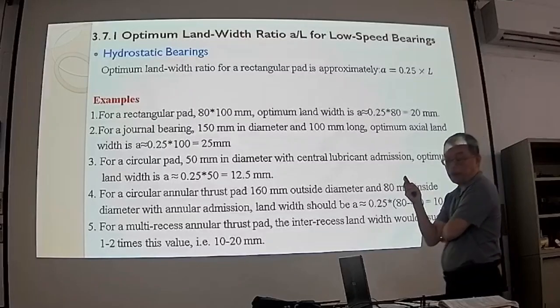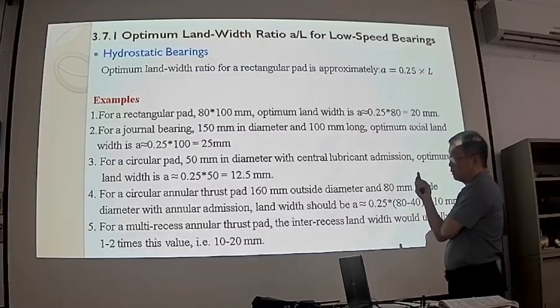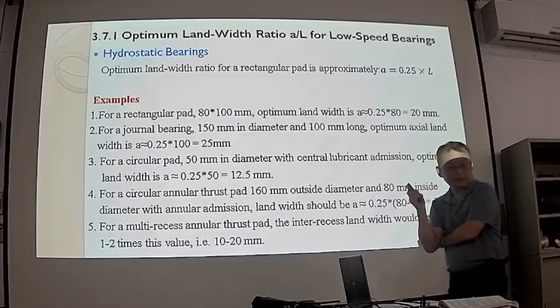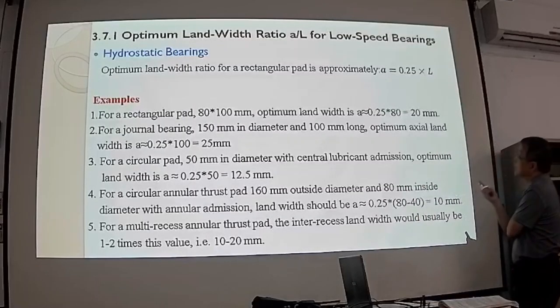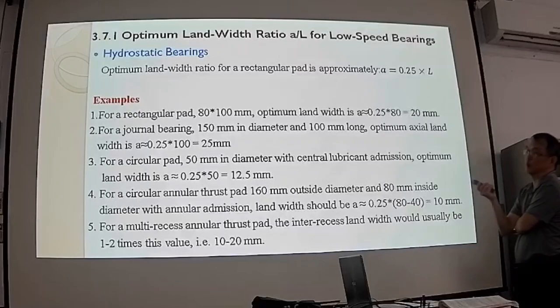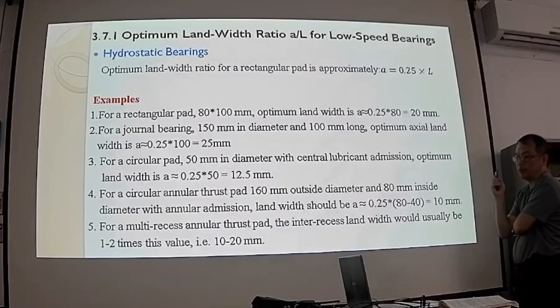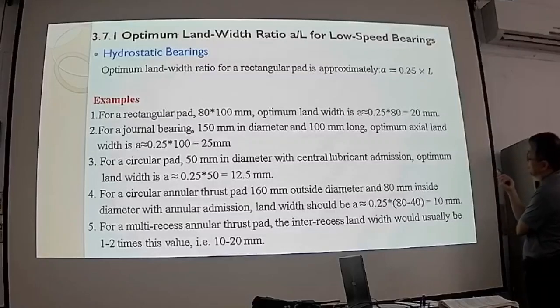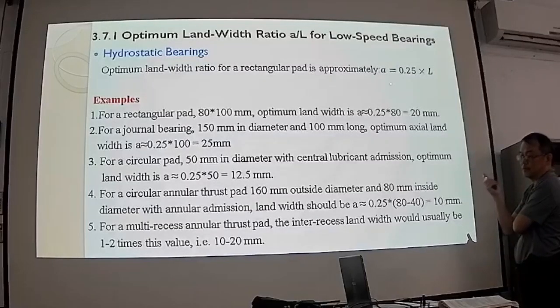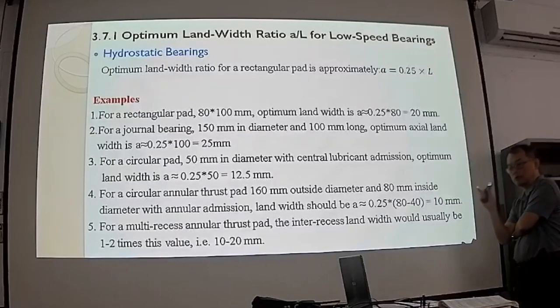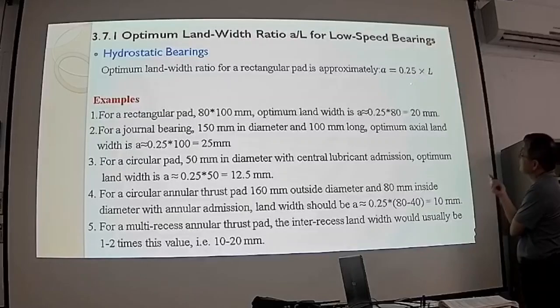We already have some research results proving the optimum, or best, length ratio for a hydrostatic bearing is equal to 0.25. A stands for the length and L is the bearing width. So the ratio is equal to 0.25.